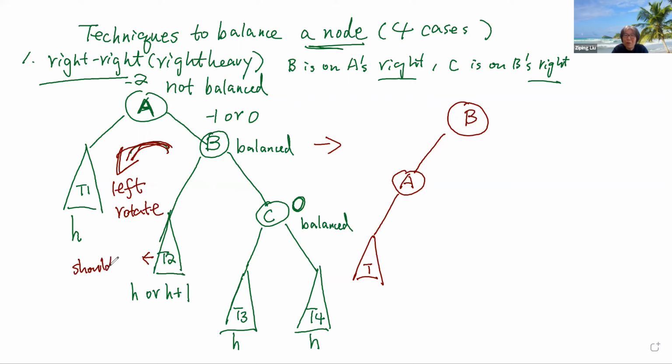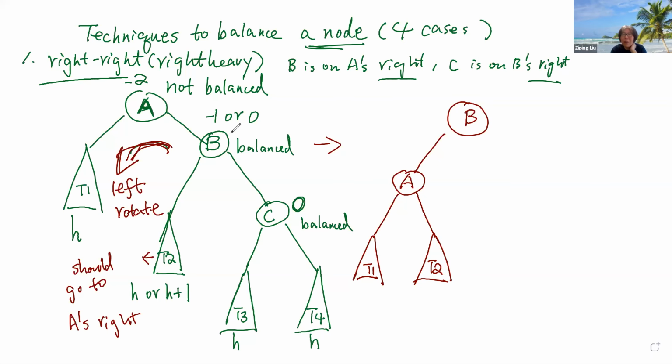T2 should go to A's right. So this is T1, this is T2, and it goes to A's right.